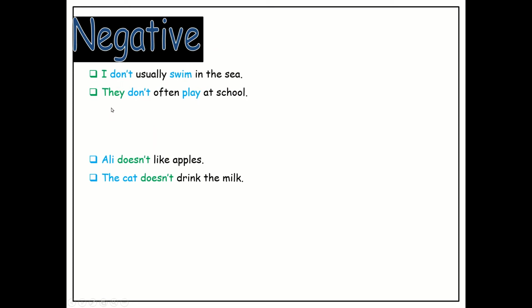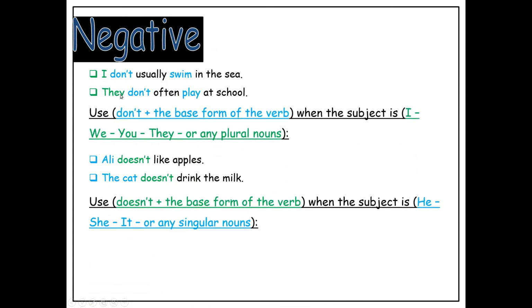What about the negative? We use don't plus the base verb to form the negative if we have I, we, you, they, or plural nouns. For example, I don't usually swim in the sea. They don't often play at school.